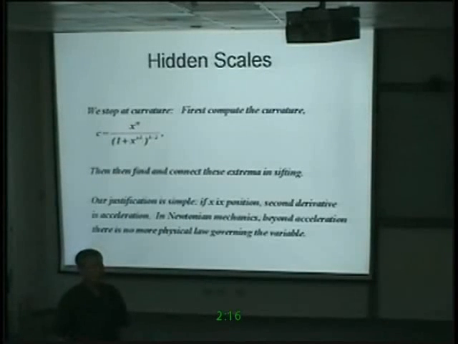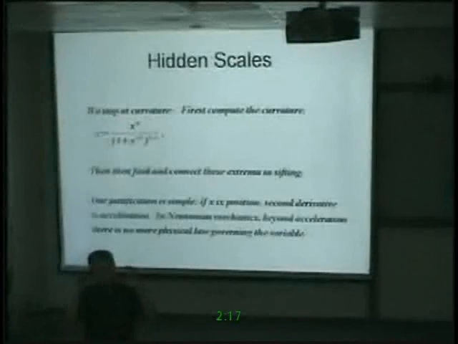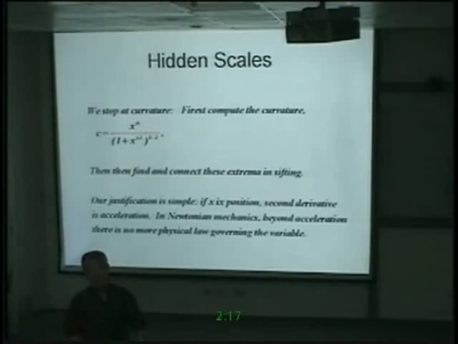Physically, beyond acceleration we don't know what we'd talk about, because Newton's law only stops at acceleration. So if we want to limit the physics to mechanics, the second derivative is where we can stop. So that's why we stop at the second derivative.